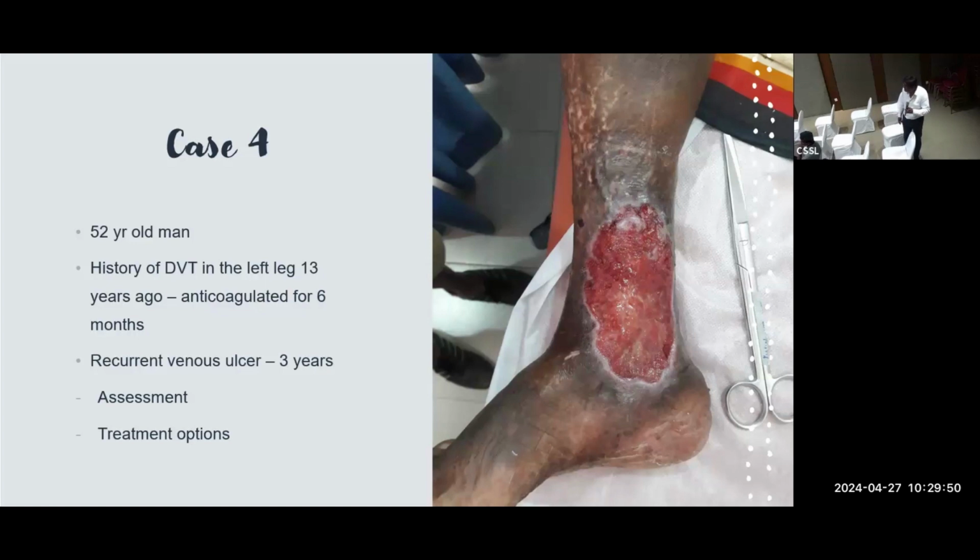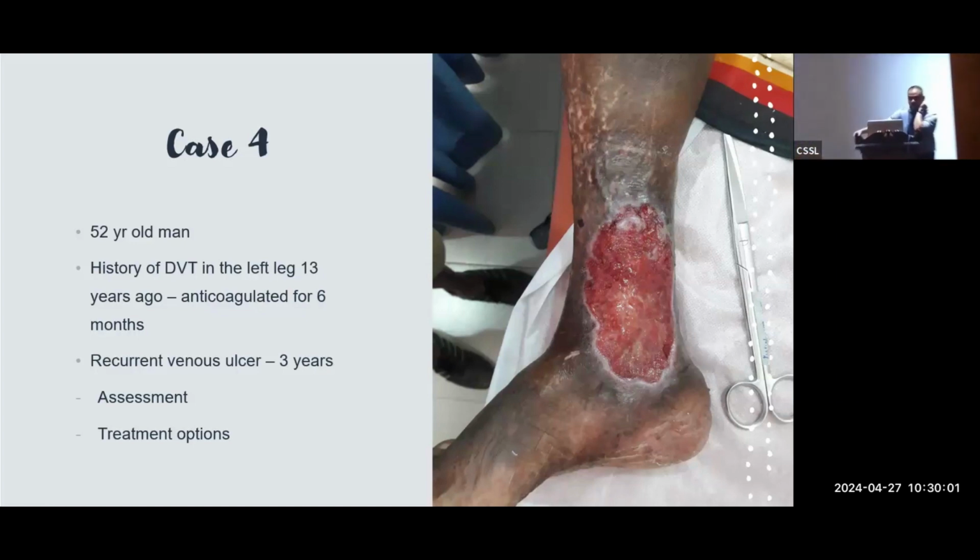And one thing I think we didn't mention during any of the talks is, I think all of us will agree, we do our own scans when it comes to varicose veins, whether primary or recurrent. I can't emphasize that enough. It's very important that the clinician who treats the patient does his or her own scan. There's no other way somebody else from somewhere else can say this is refluxing.